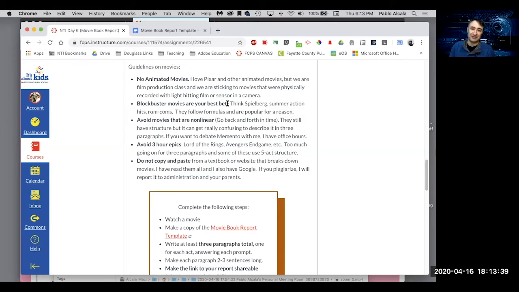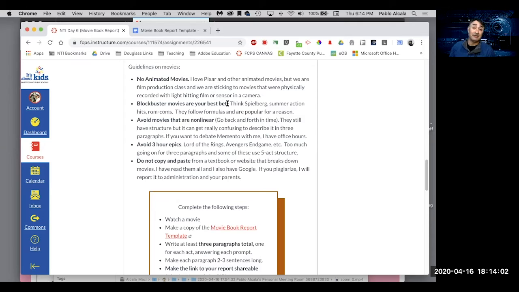Stick with something that's a little simpler. If the movie that you're going to watch goes over 3 hours, then it's probably an epic, and it's probably using 5-act structure, which is a little more complicated. Just choose something that's a little bit shorter.